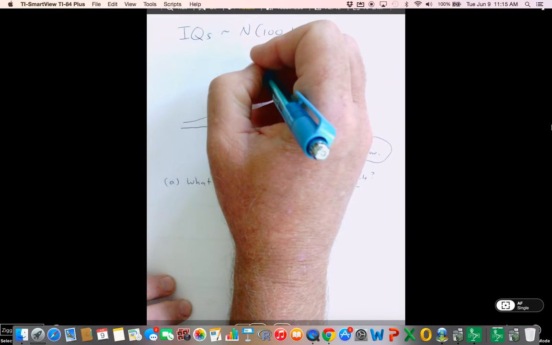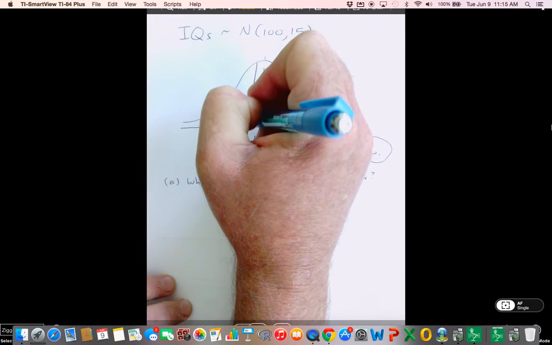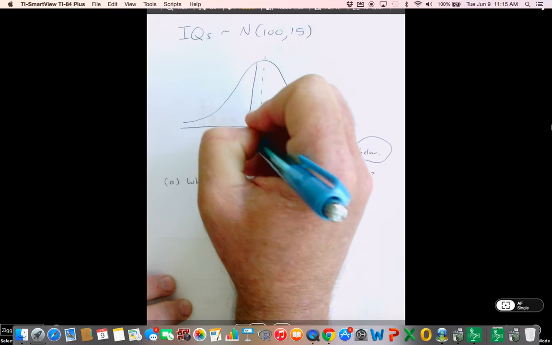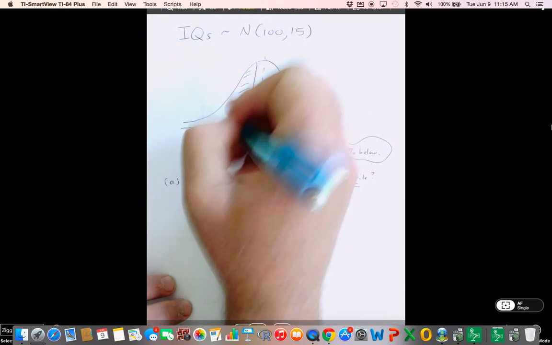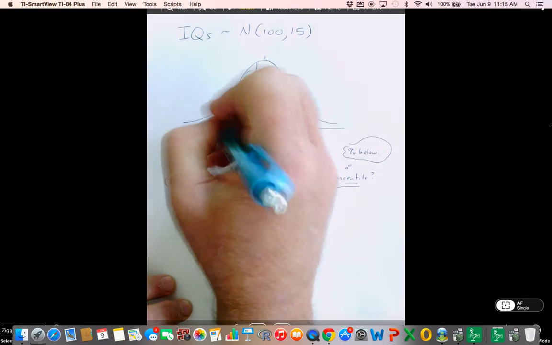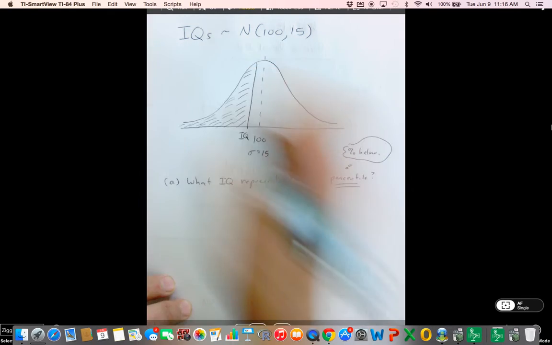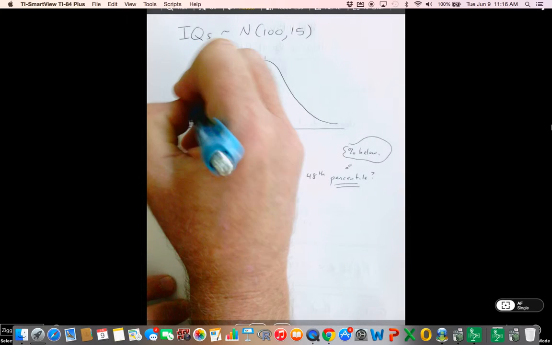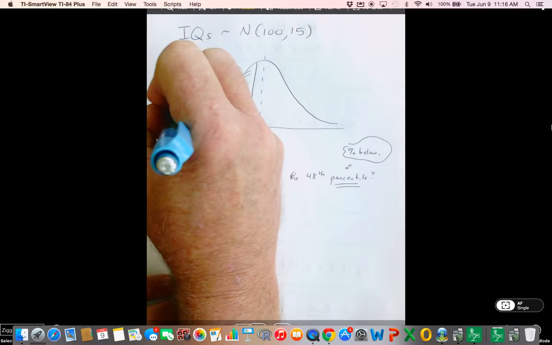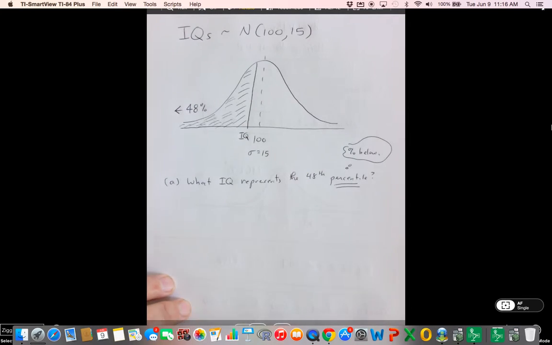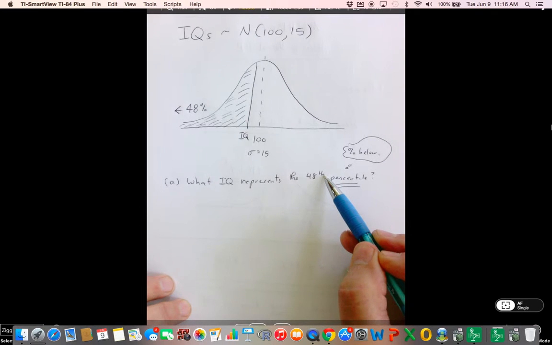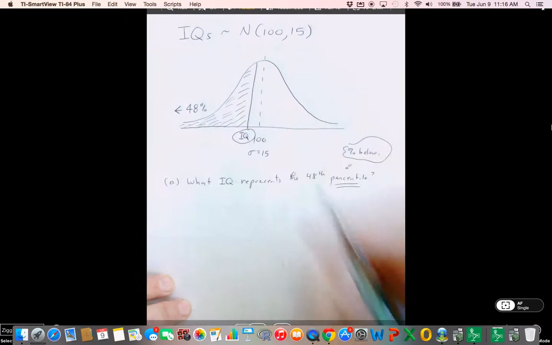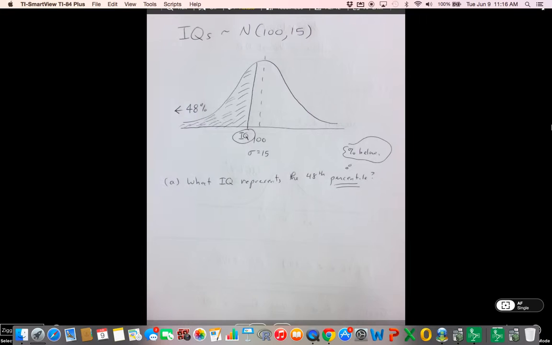So we know that there must be some IQ score right here that has 48% of the IQs below it. Again, because percentile, by definition, is percent below, and we're looking at the IQ score, which we don't know, that has 48% of the scores below it.